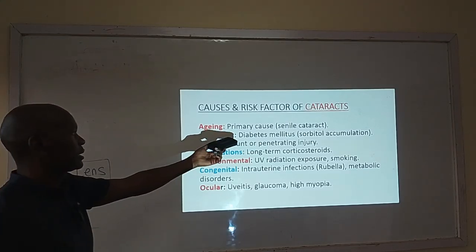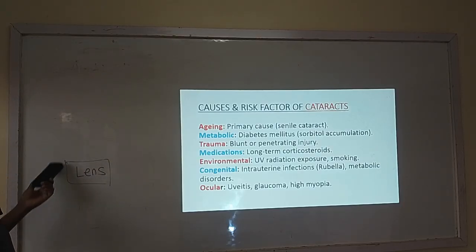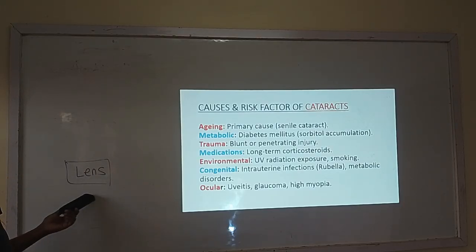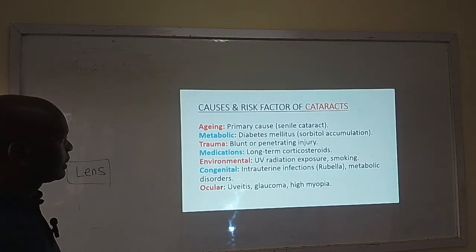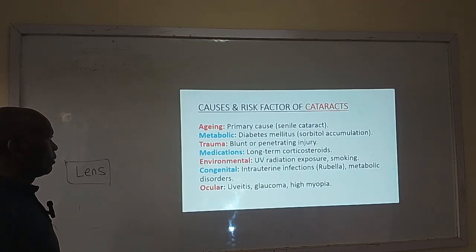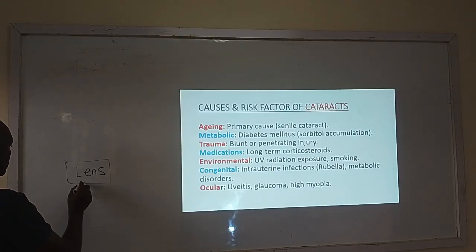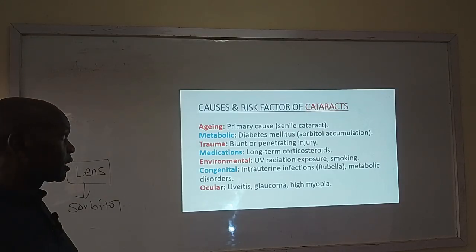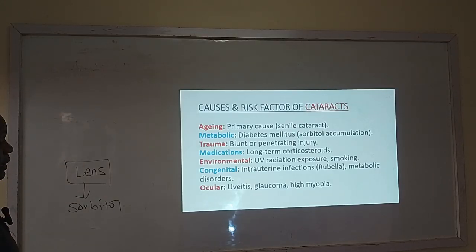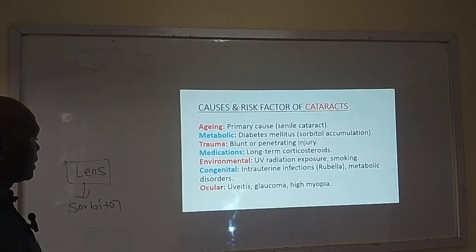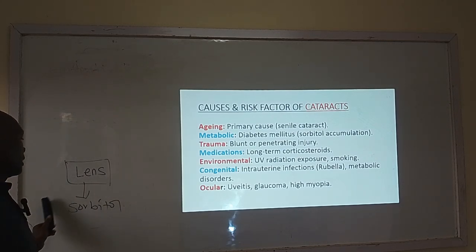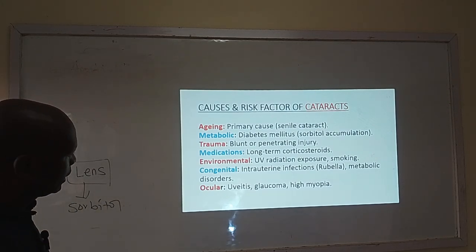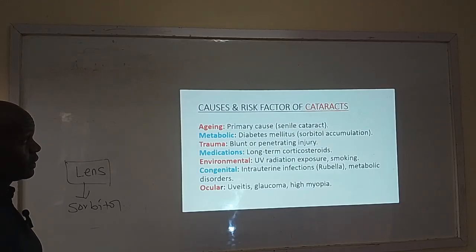So in diabetes, there will be a lot of glucose into the lens. And when it accumulates, it will be converted into sorbitol. This sorbitol does not exit the lens easily. So what happens is, it will change the osmotic status of the lens.